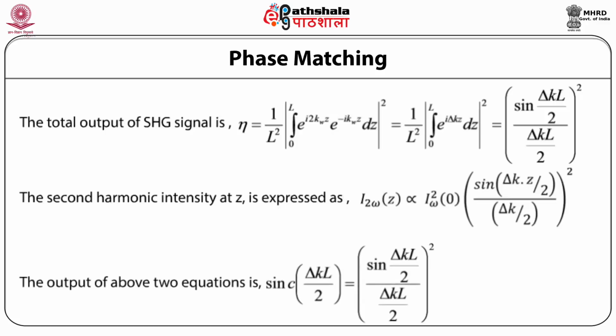The output of the second harmonic intensity could be written as a sinc function and is given by sinc (delta k L by 2) equal to sine (delta k L divided by 2) whole divided by (delta k L divided by 2) whole square.